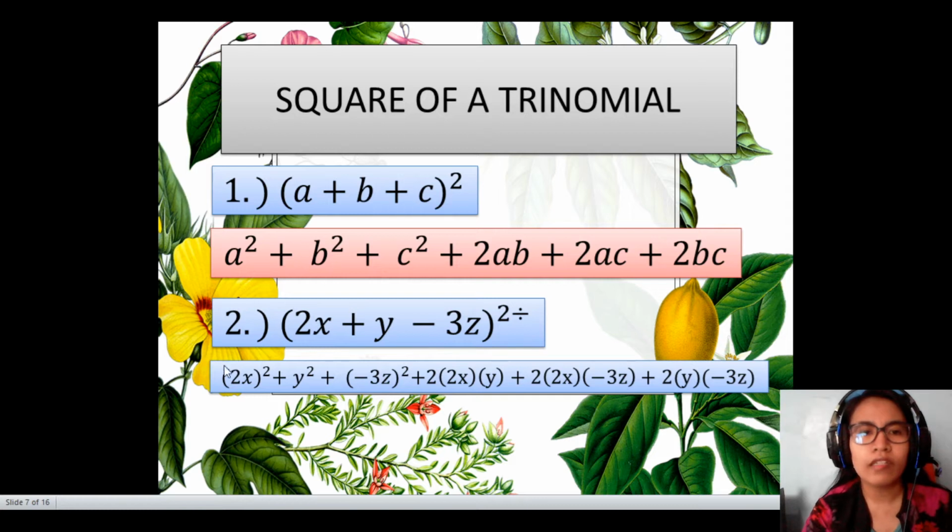(2x) squared plus y squared. Always remember, I put the plus sign before the parenthesis for us to not get confused that it is a plus sign and the negative is for the algebraic expression that we have.